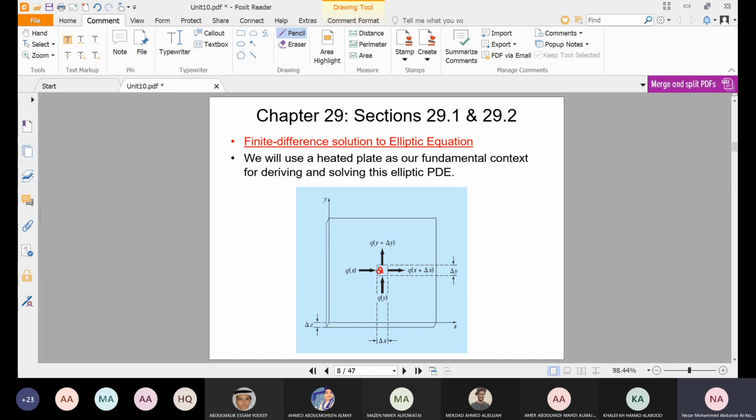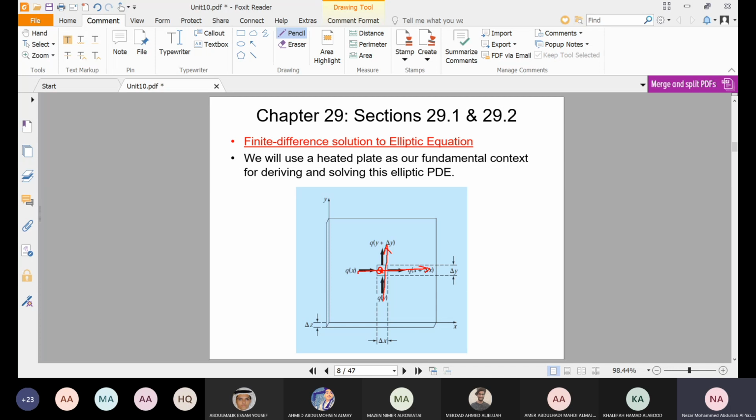So here we have heat transfer in this direction. Okay, heat transfer in this direction, and in this case we represent this by the columns. We start from Qy and then Qy plus delta y. And also we have heat transfer in this direction.